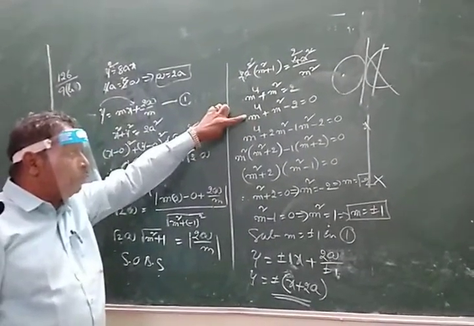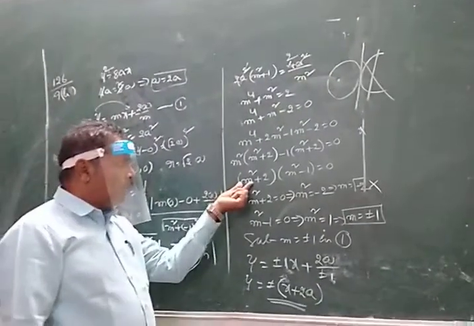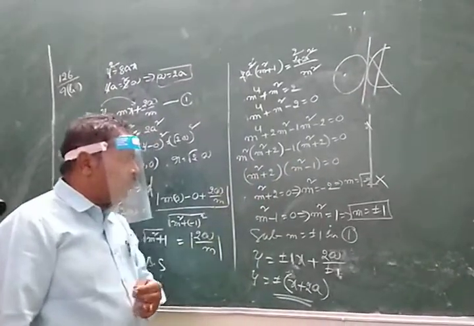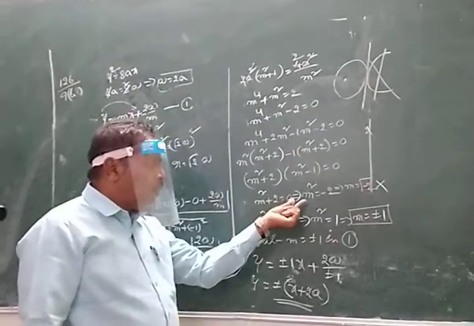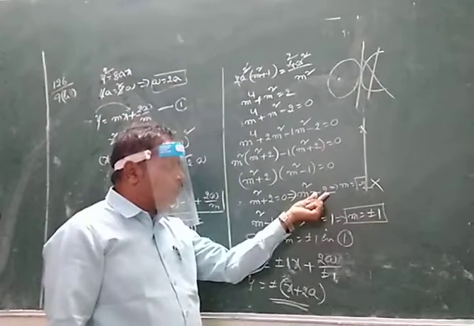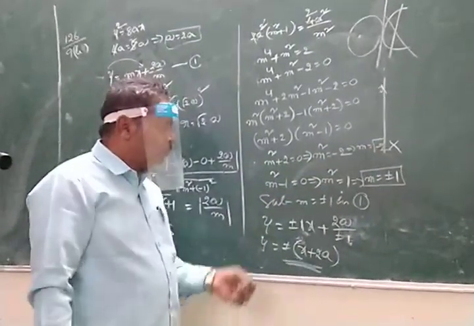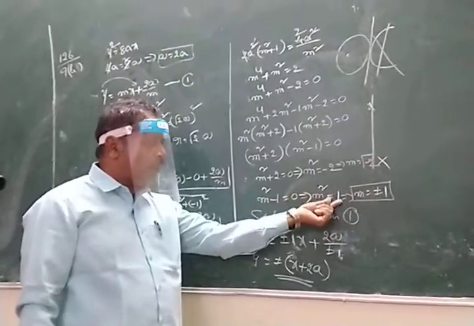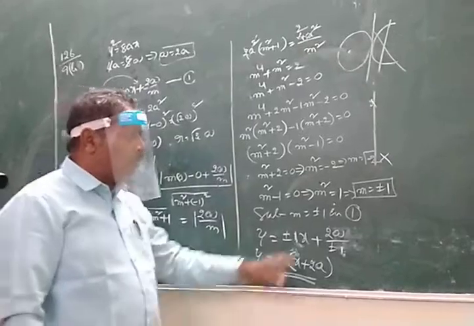So split into factors. We get (m square plus 2)(m square minus 1). m square plus 2 equal 0, m square value minus 2, m value under root minus 2 is not possible. m square minus 1 equal 0, m square equal 1, m value plus or minus 1.